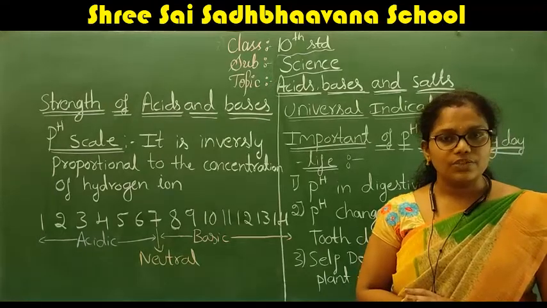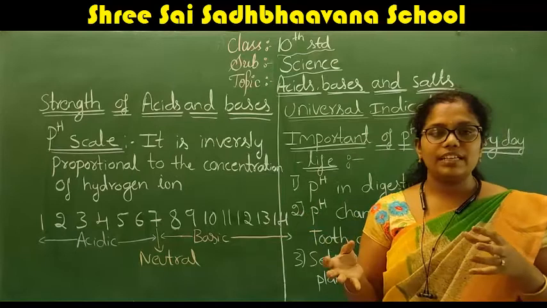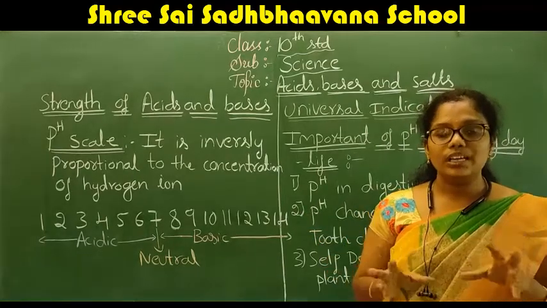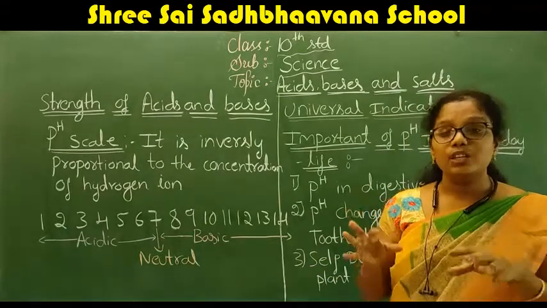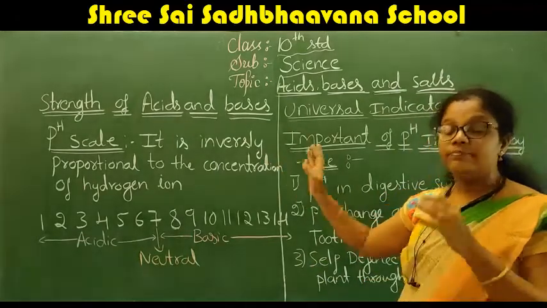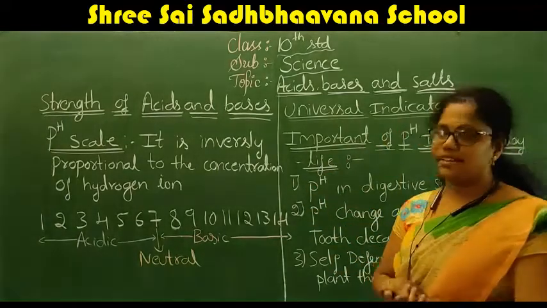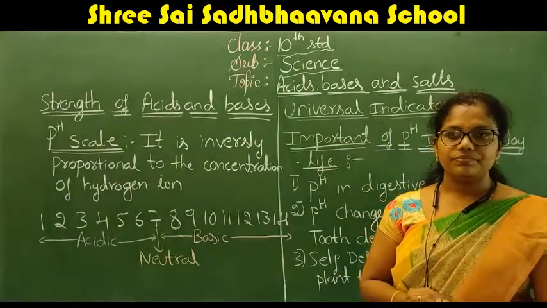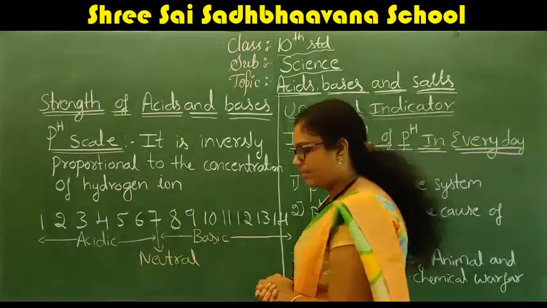Or another definition: some other types of indicators are mixed with each other to get one perfect, general indicator to determine acid and base. That indicator we call a universal indicator. This is all about universal indicators.